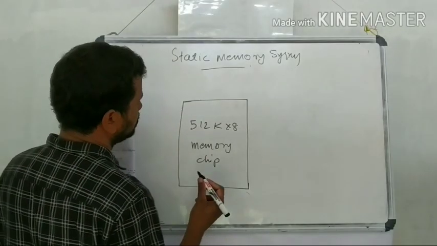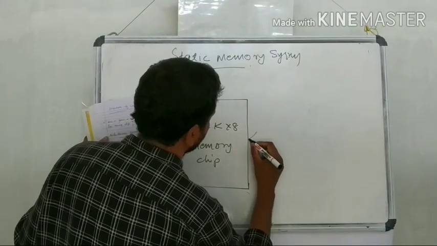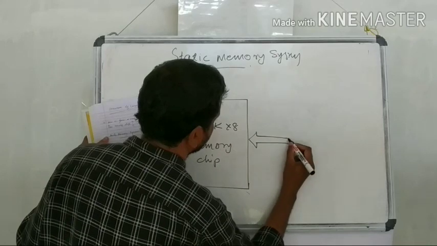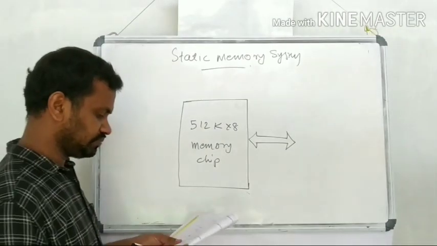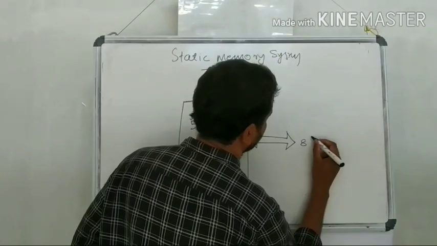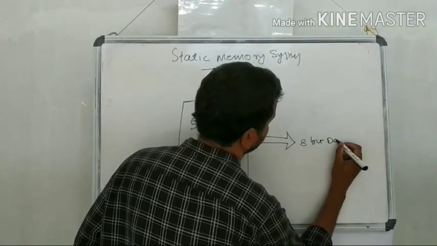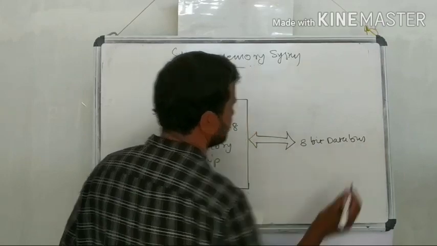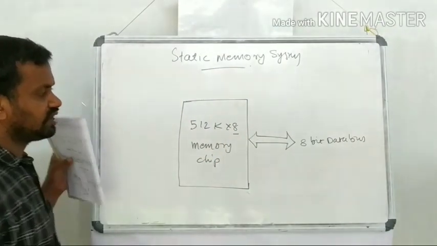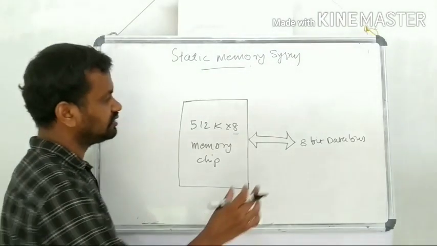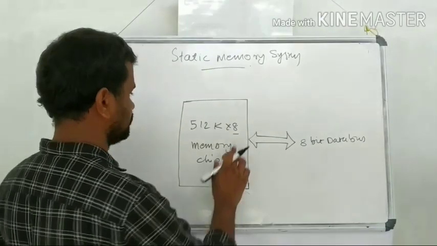We have a data bus. How many bits will be there in the data bus? 8 bit data bus, because we have specified here 512K into 8. So the data bus width is 8 bit.